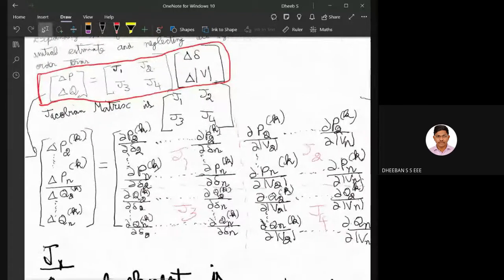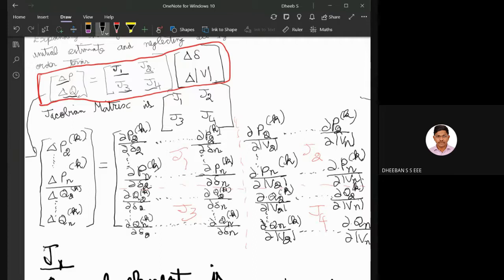Next we defined the elements in the Jacobian matrix, J1, J2, J3, J4. It is necessary to find J1, J2, J3, J4 and substitute them in this matrix equation. Initially you will be finding del P, del Q. After that, with respect to that, you'll be finding J1, J2, J3, J4 from the Jacobian matrix formula.